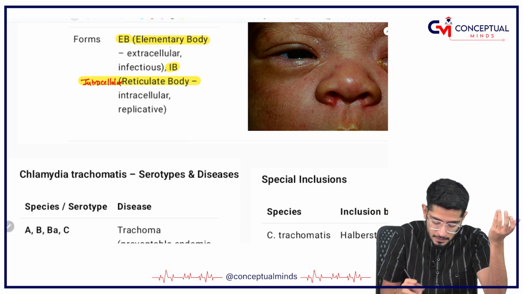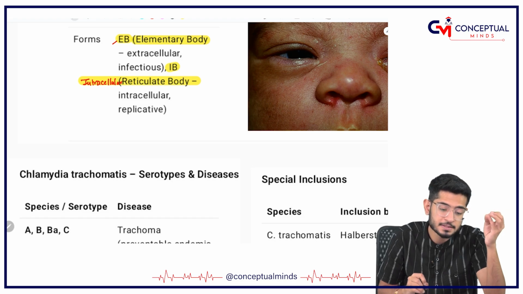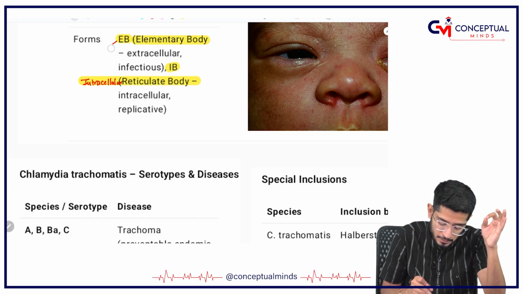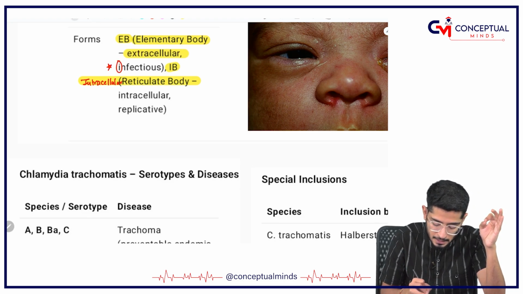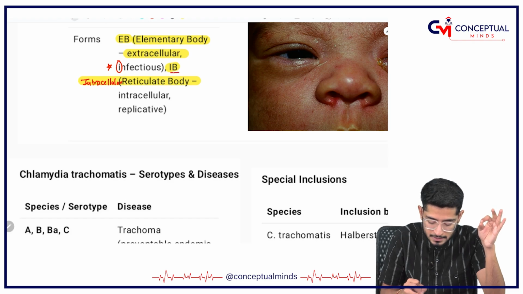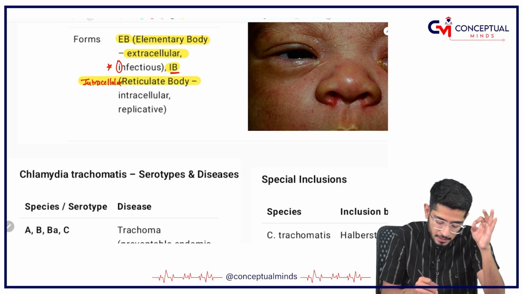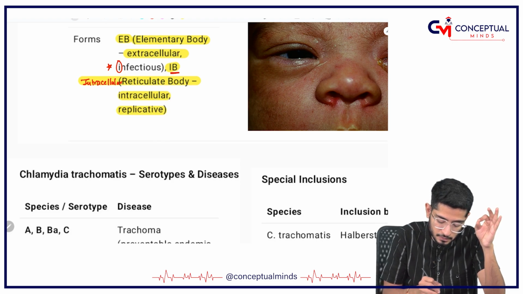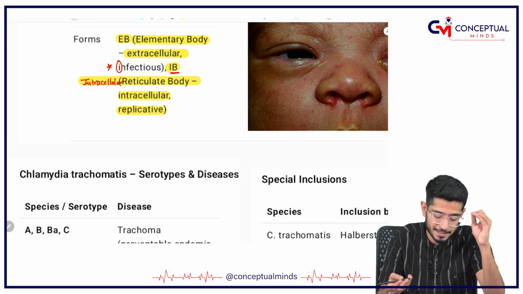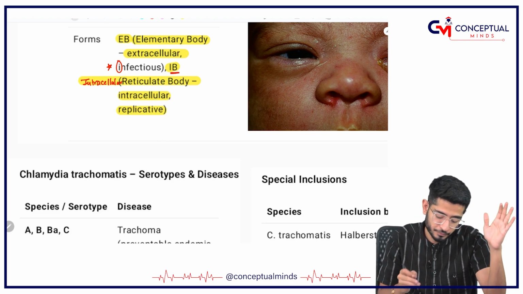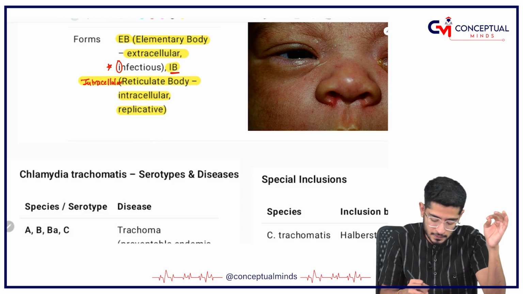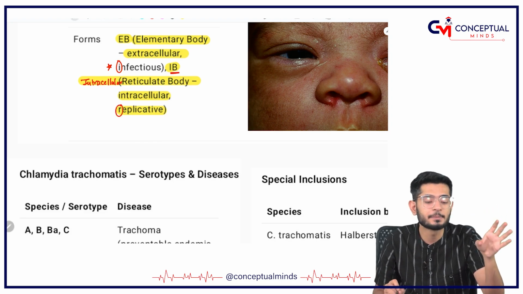Whereas the reticulate body, also called the IB, is intracellular, so the main focus is on replication. Outside, the main focus is infection; inside, the main focus is replication.